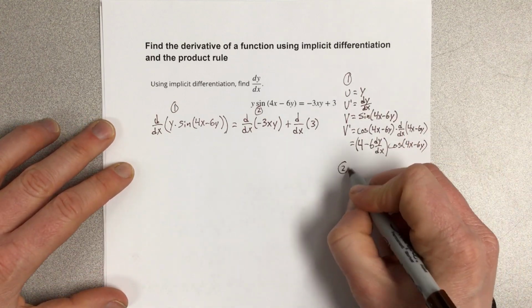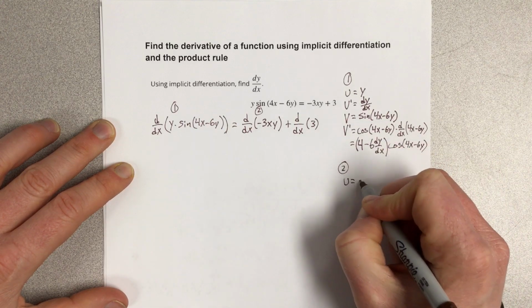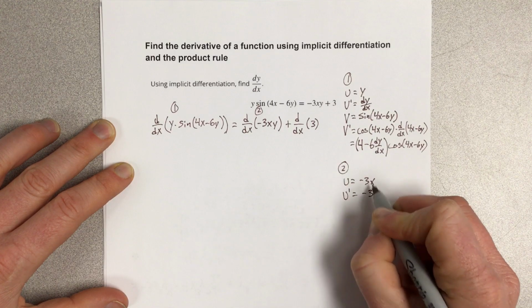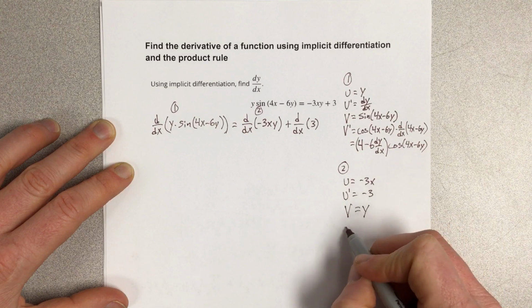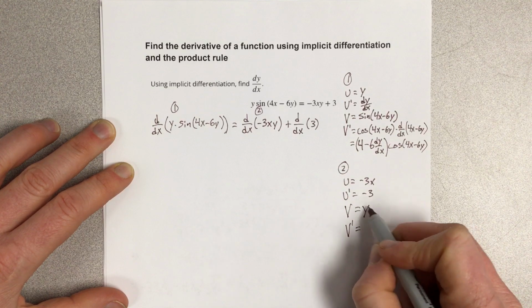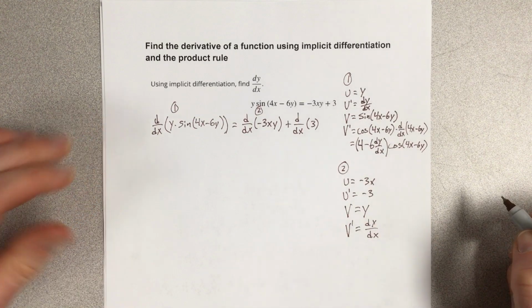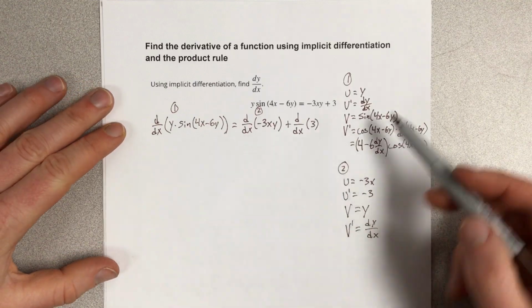Go to part 2, and that would be u is negative 3x, u prime is negative 3 when I take the derivative of that, v is going to be y, and v prime, derivative of y would be dy/dx. Now I'm going to go ahead and actually do the multiplications here.